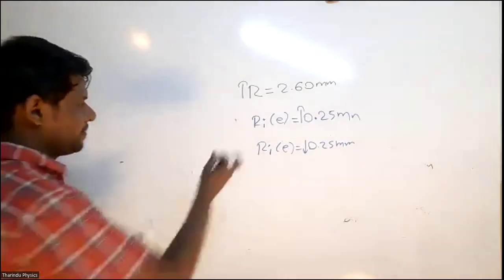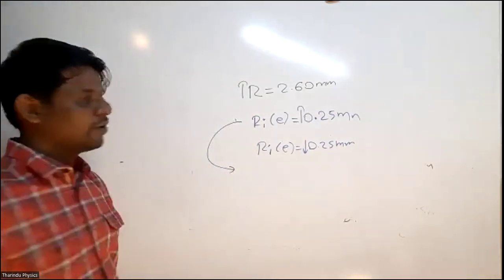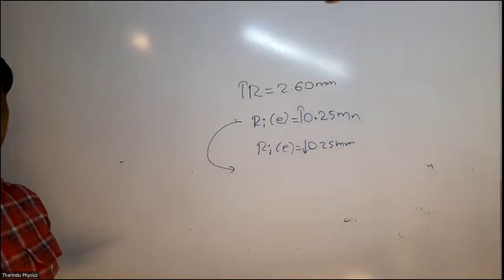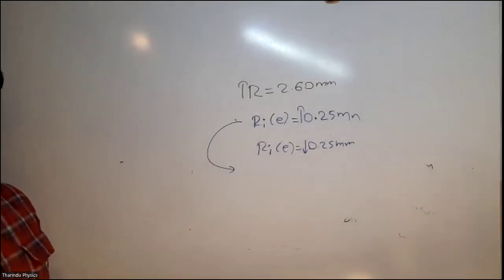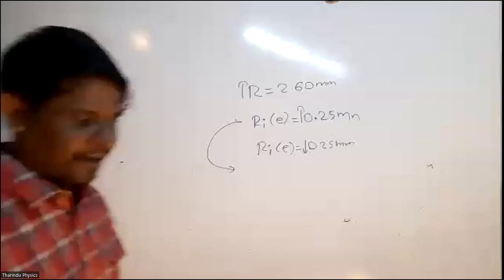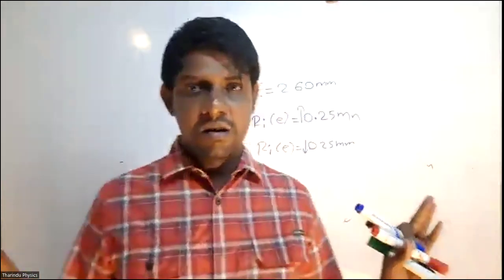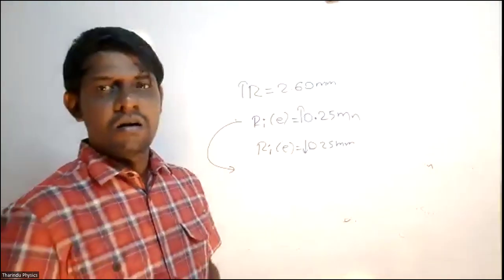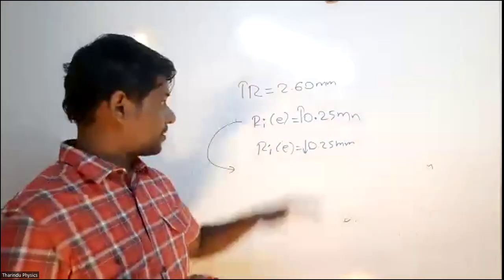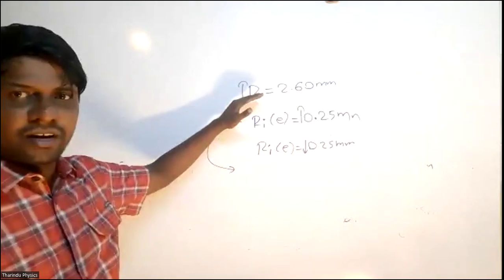For the first scenario, what can you do? How can you remove that initial reading? Now tell me, by adding or subtracting? Just the answer of adding or subtracting. I'm talking about the first scenario.